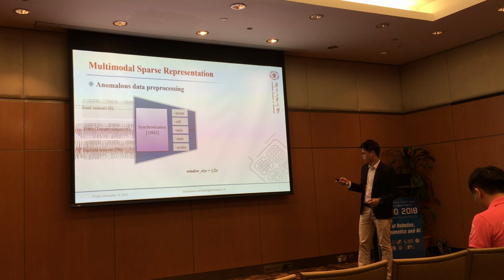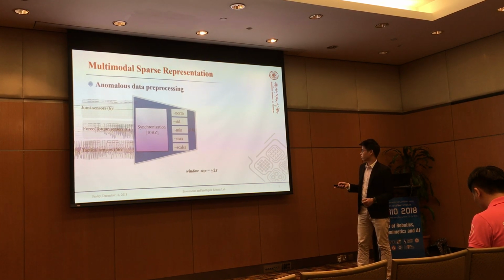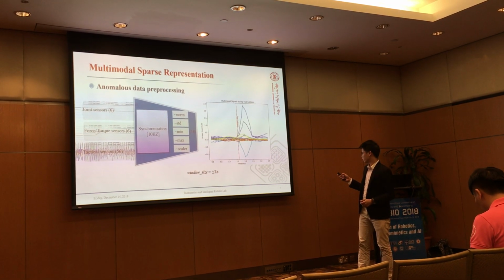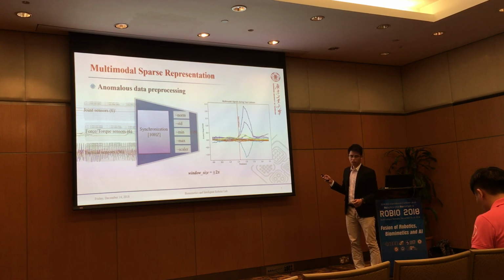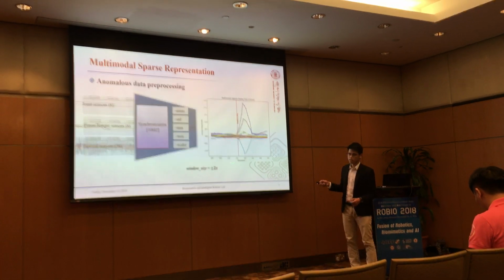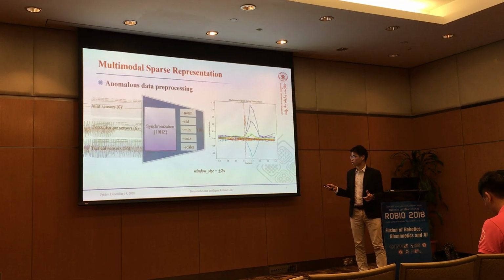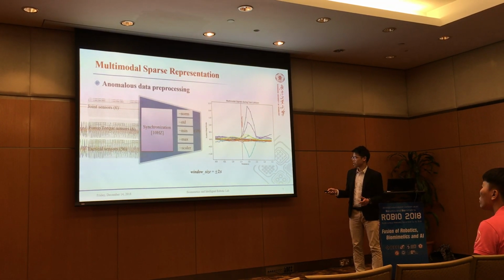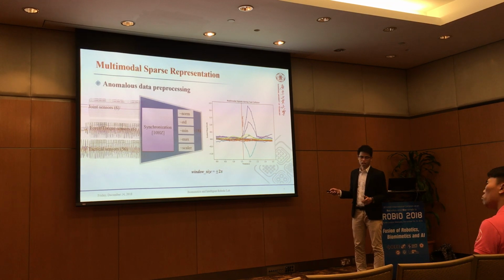streaming data. I'll give you an example here. For example, we have a tool collision, and the anomaly happened here, and we extract this as an anomaly sample. We set the window size to 2 seconds here.